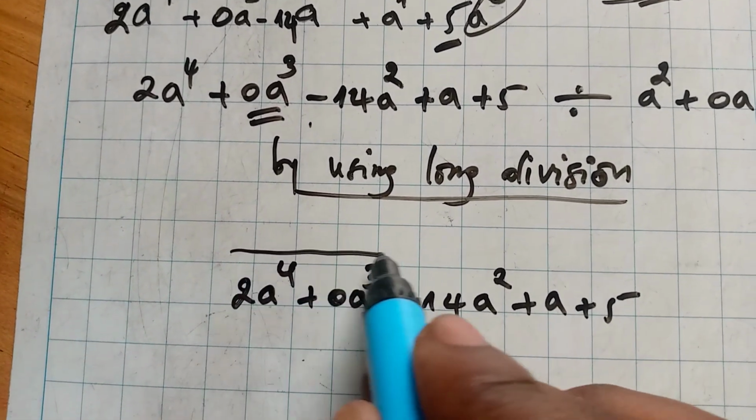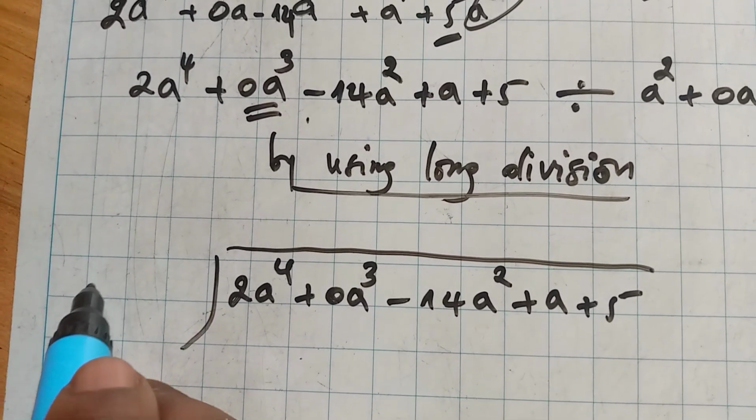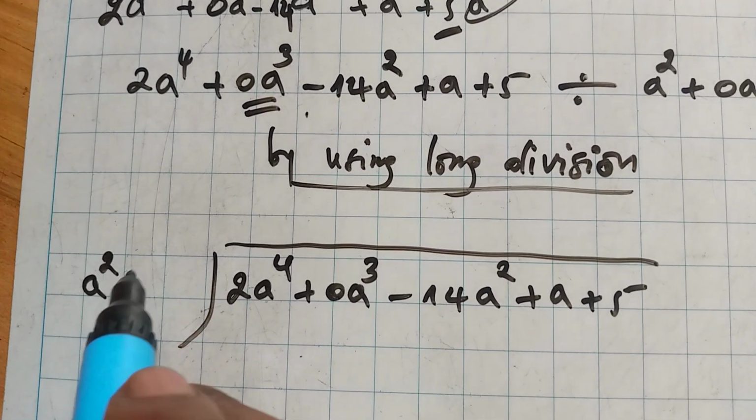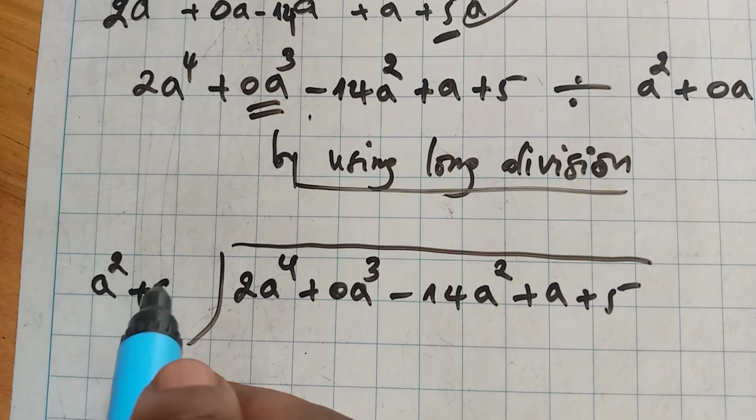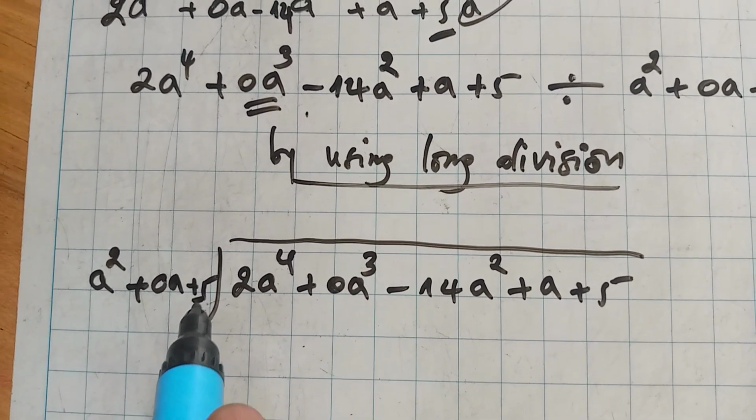Then this must be divided by a^2 plus 0a plus 5, right?